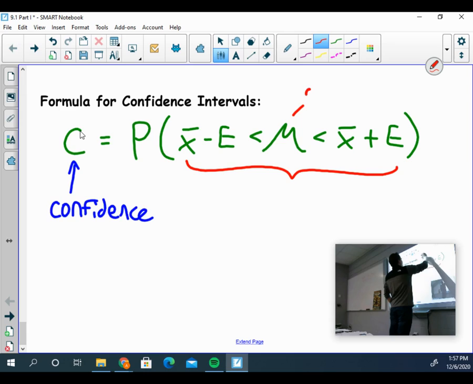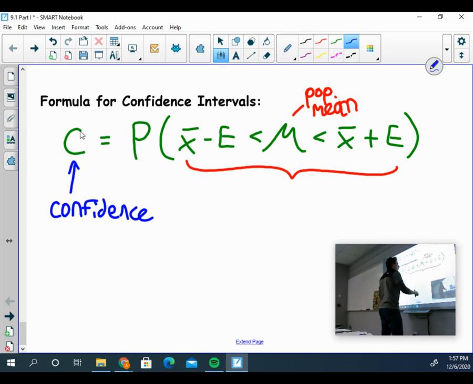Mu, remember, is the population mean. X bar is the sample mean. And this big E is going to be error.